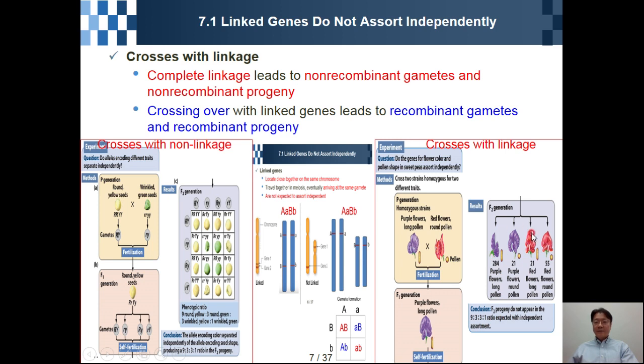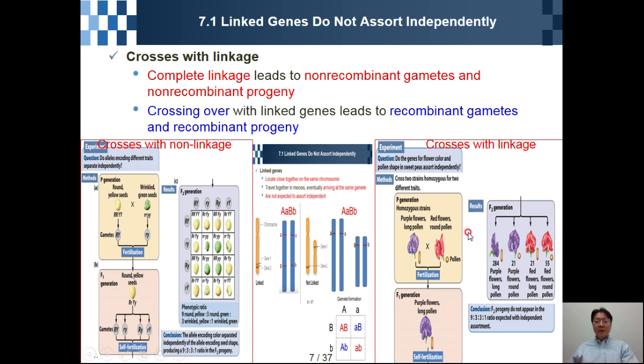What happens? For crosses with non-linkage, the ratio is always 9:3:3:1. If the ratio is not 9:3:3:1, it means that this is a cross with linkage. It means that the gene which encodes flower color and the gene which encodes pollen shape are located on the same chromosome.